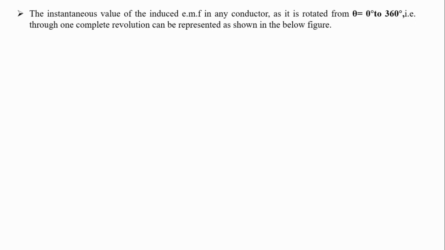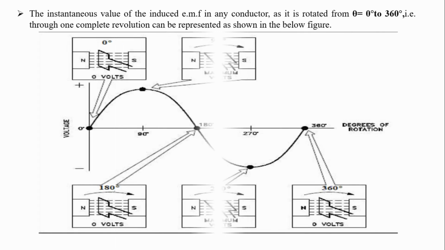The instantaneous value of induced EMF in any conductor as it is rotated from theta is equal to 0 degree to 360 degree through one complete revolution can be represented as shown in the below figure. So this is the theta is equal to 0 degree position.